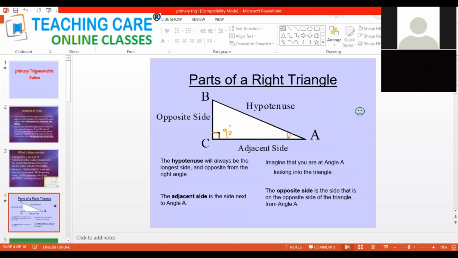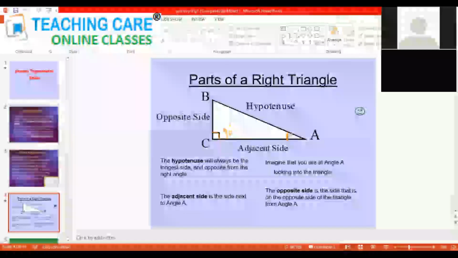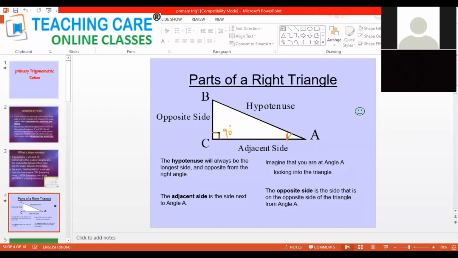Suppose this is the angle I want to find, the acute angle I told you about. The side opposite to that angle A, you call the opposite side. So for angle A, the opposite side is side BC.